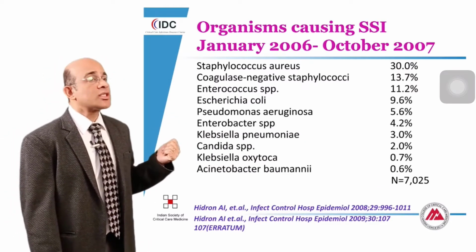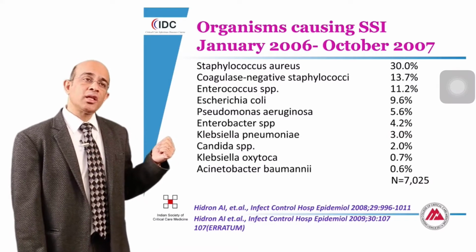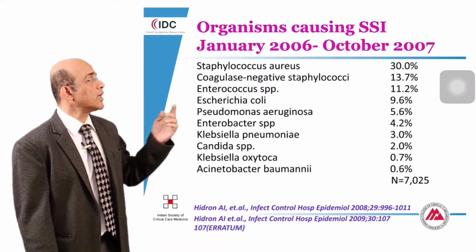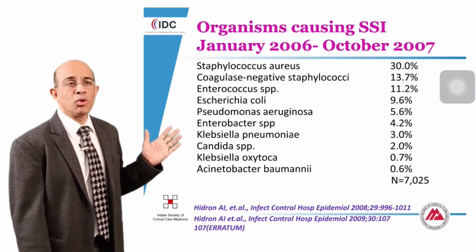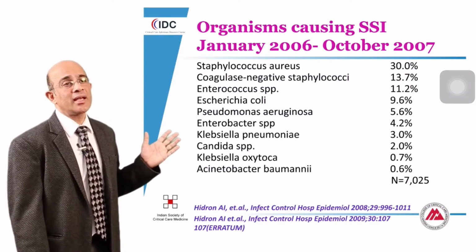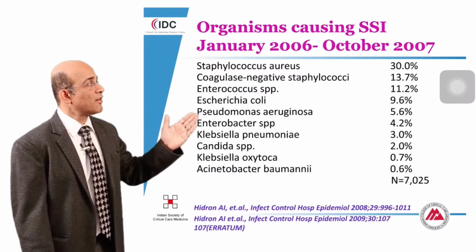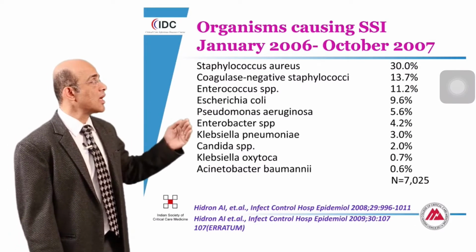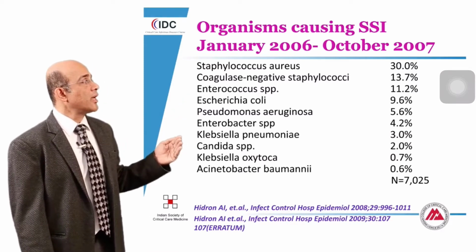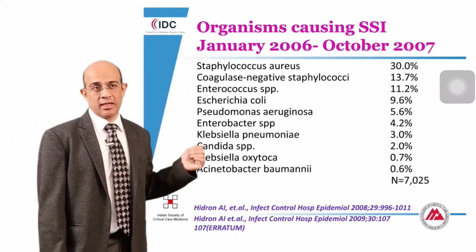This slide shows the organisms which have been associated with surgical site infections, even though it is data from a decade ago. This generally holds true for most surgical site infections in the West: predominantly Staph aureus, coagulase negative staph, and Enterococci, which are all gram-positive organisms, and then subsequently E. coli, Pseudomonas, Enterobacter, and Klebsiella.